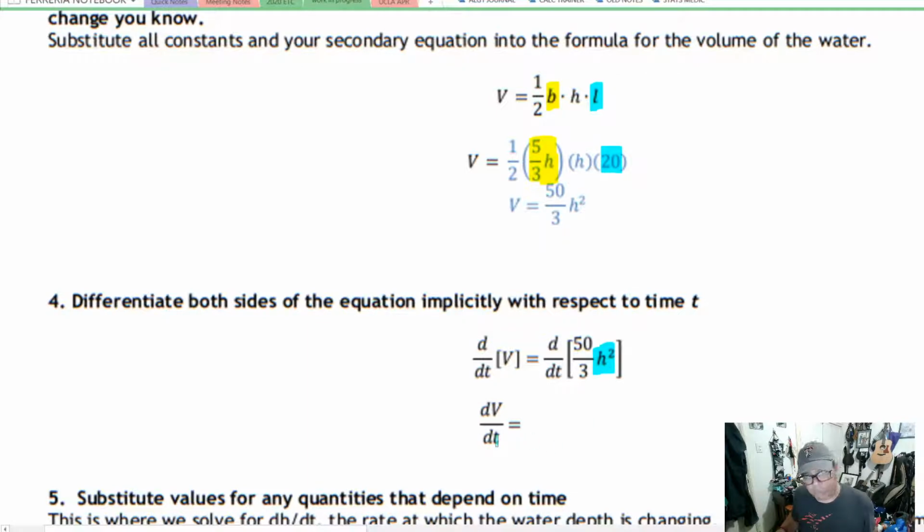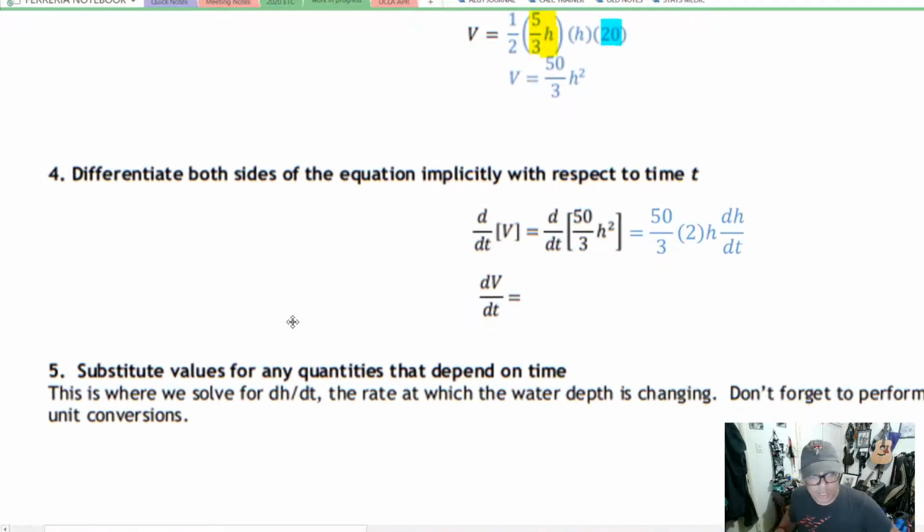So what's the derivative of anything squared? Well, we went over that last time. The derivative of anything squared is 2 times that anything multiplied by the derivative of the anything. So 2 times h dh/dt, and that simplifies for our dv/dt into 100/3 h dh/dt.